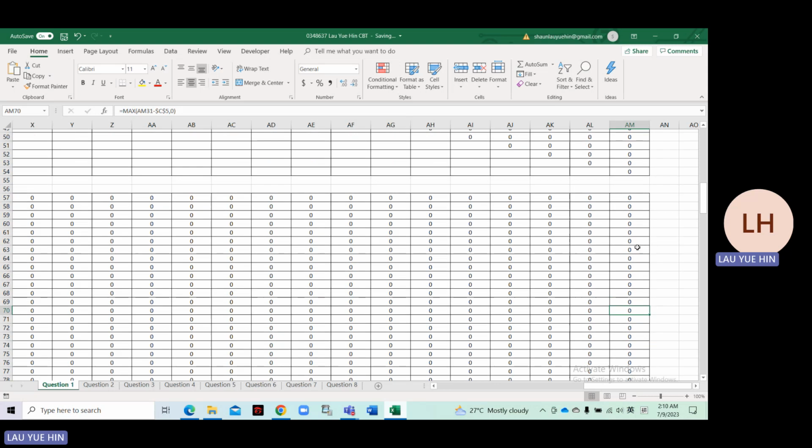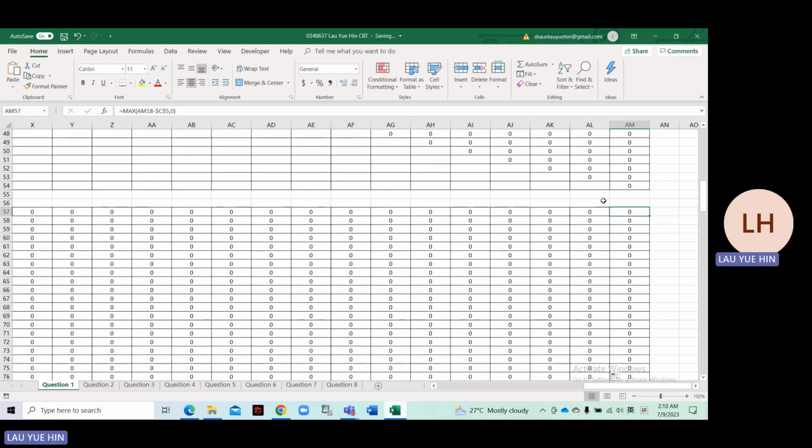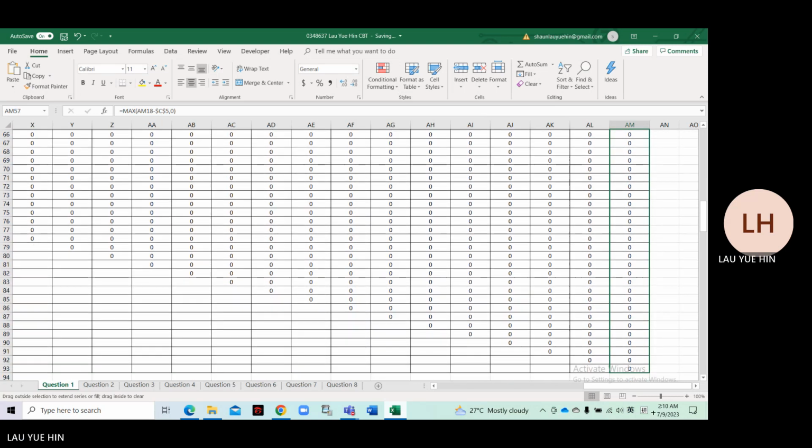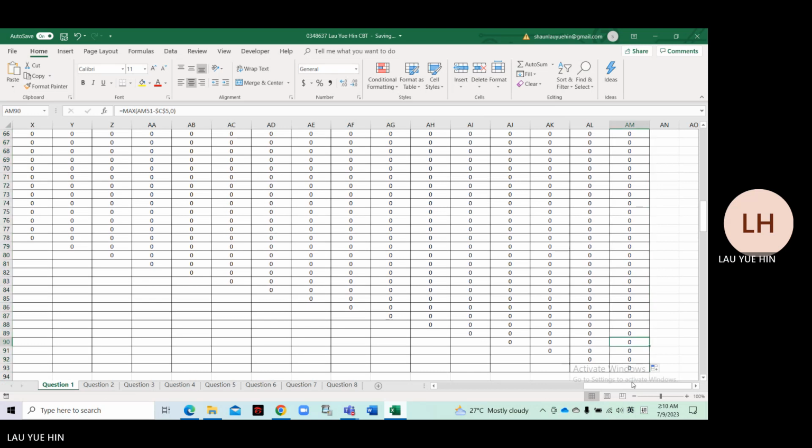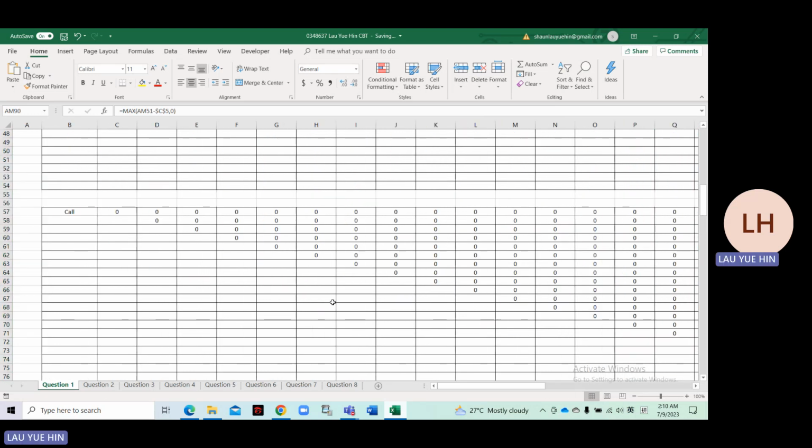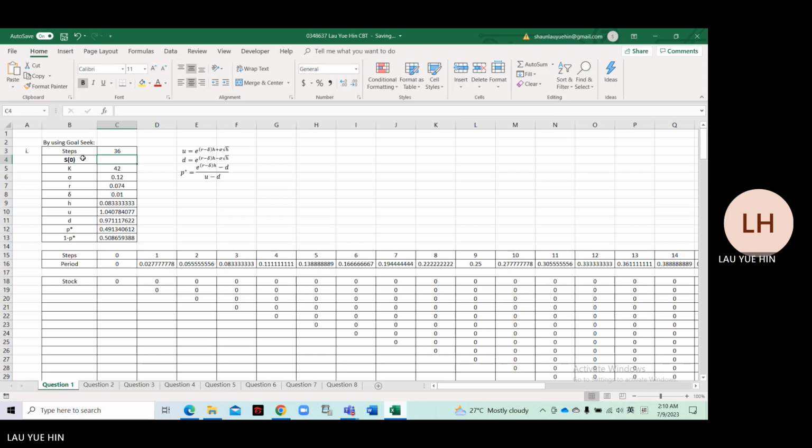So for the last column, the formula is actually, because this is a call option binomial, the call option payoff is S0 minus K, which is this one. And then I drag everything down until here. So to find S0, I use the Goal Seek function.